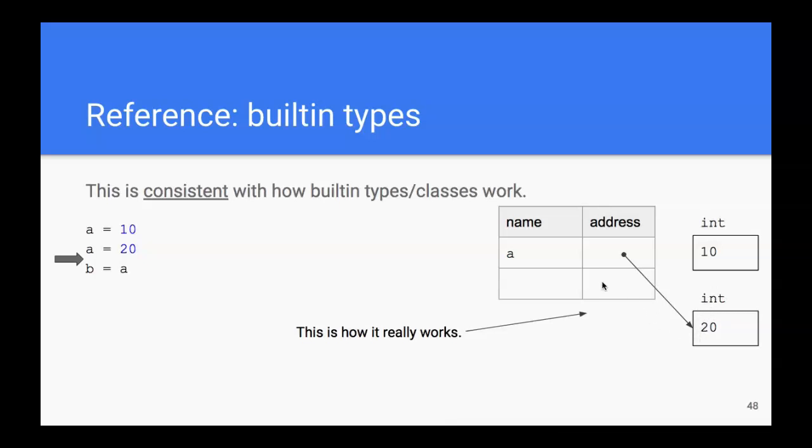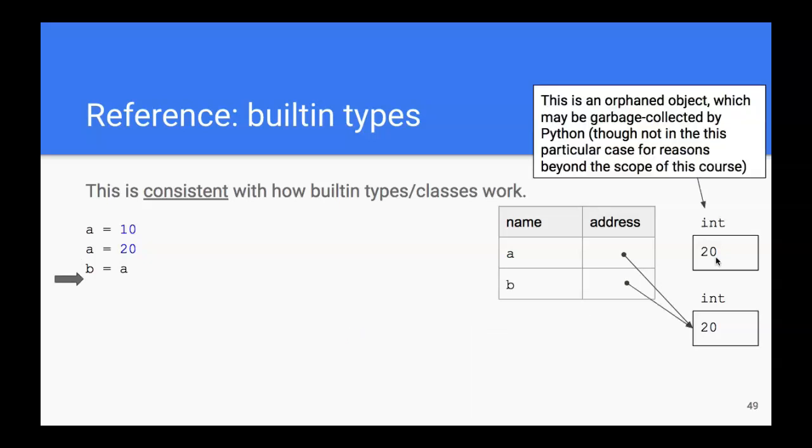This is how it really works. It's not changing the value of an int object. Okay, and then finally, what happens when we assign a to b is that b now points to whatever a points to.